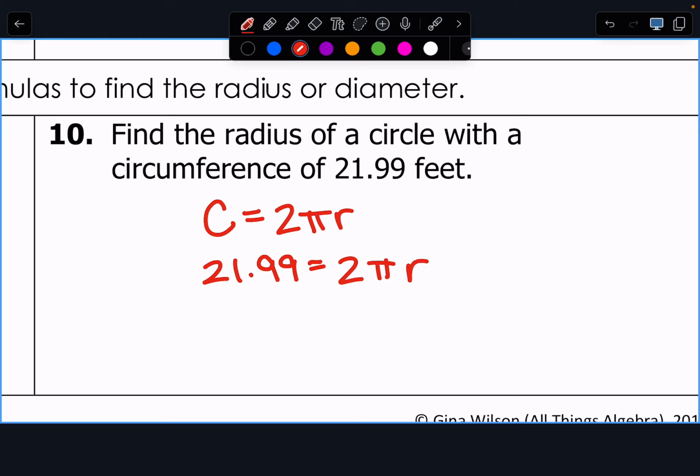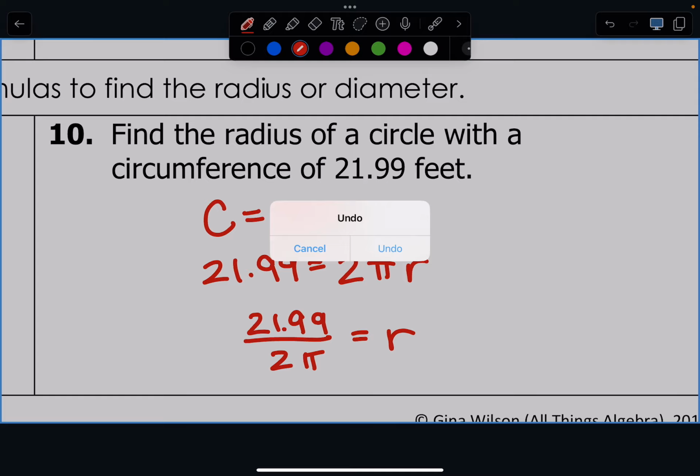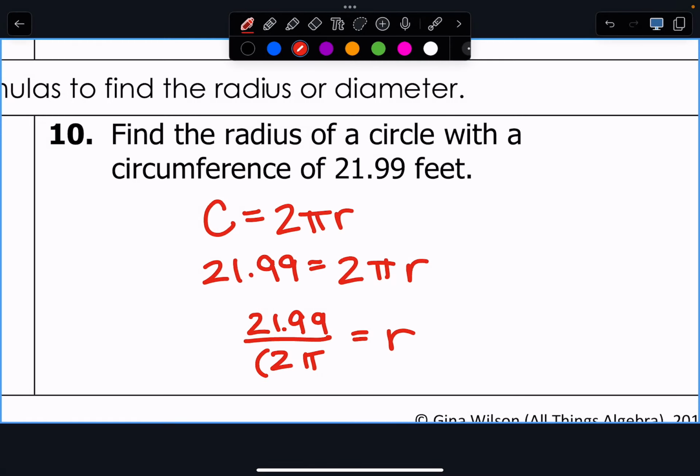So if I want r, what would we do? If I'm going to take 21.99 and divide it by 2 pi, which is a product, you're going to have to divide by parentheses 2 times pi. Or you can divide by pi, which gives the diameter, and then divide by 2.